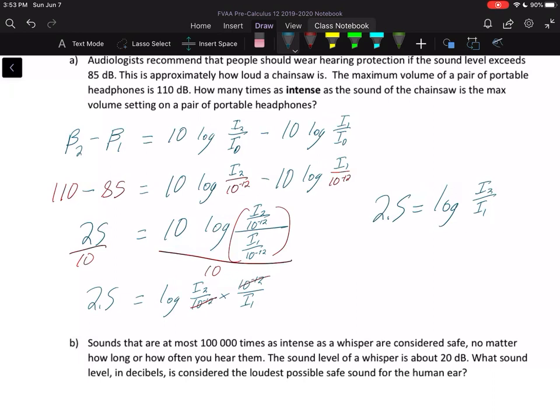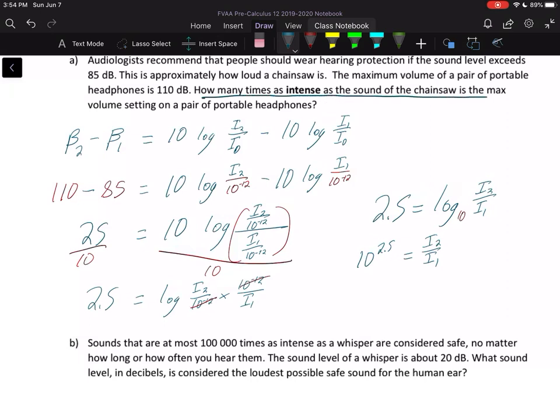Okay, then I can change this into exponential form, right? Because there's no base here, I assume that my base is 10. And so 10 to the 2.5 is equal to I2 over I1, right? And that's the ratio we want.